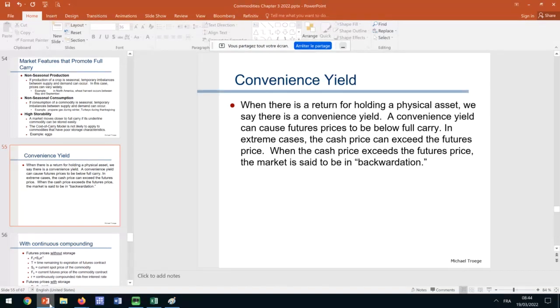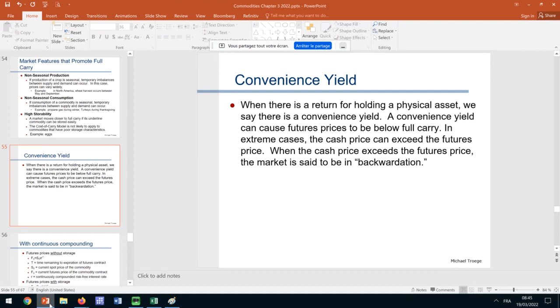Mathematically speaking, it's just a negative storage cost. They are happy to have the commodities there because they know that they can use them, and they would not sell them to carry out a reverse cash and carry operation.